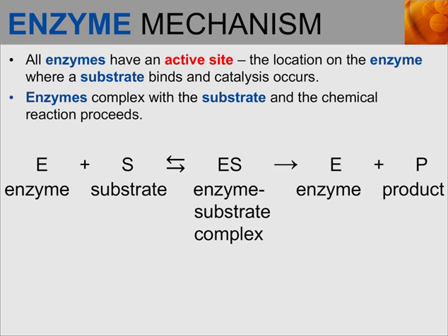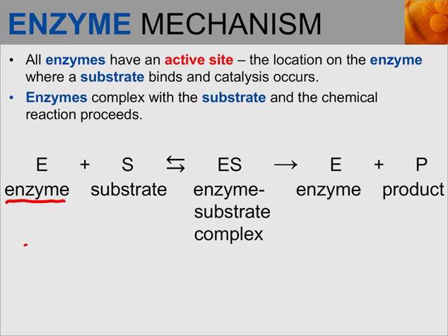All right, so let's actually talk about what enzymes do. Let's talk about their mechanism. All enzymes have an active site. This is the location on the enzyme where a substrate will bind, and that's where catalysis or the catalytic process occurs. For example, we've got our enzyme.